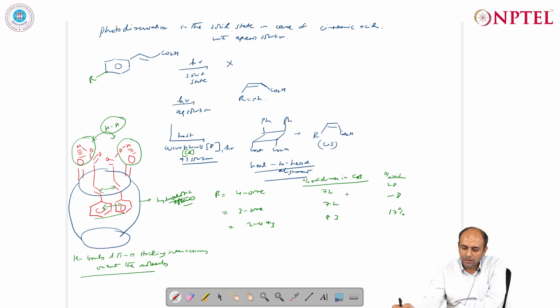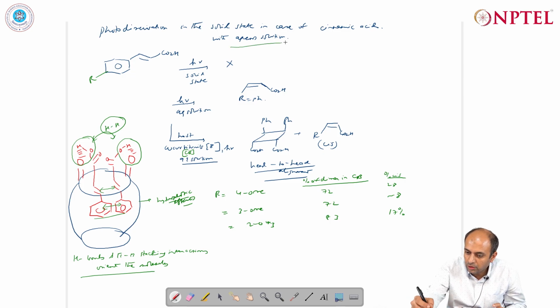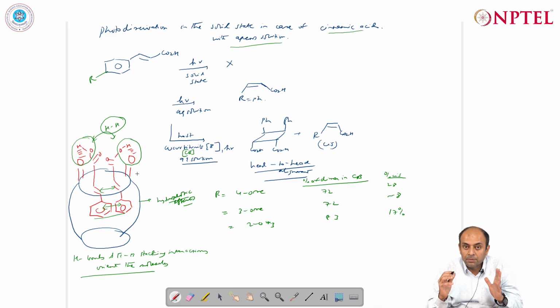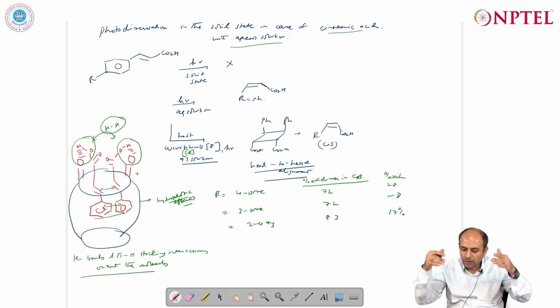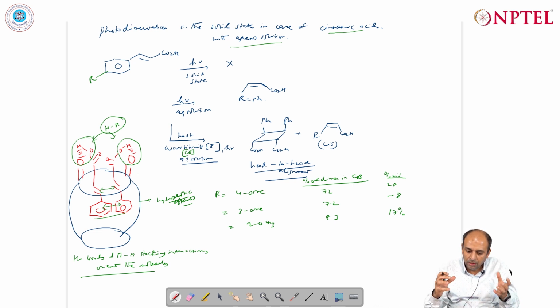So this is what has been reported in the literature, that we are able to achieve this photodimerization in aqueous solution in the case of cinnamic acid using cucurbiturils as a pre-organized host structure into which the molecules go, and in the reaction cavity the photodimerization takes place, which is templated by the active interactions, and hence the product is formed.